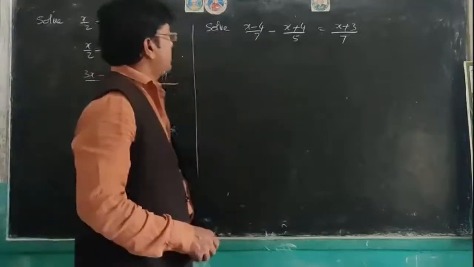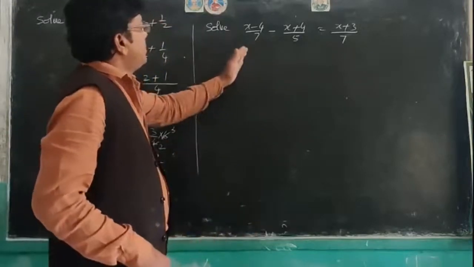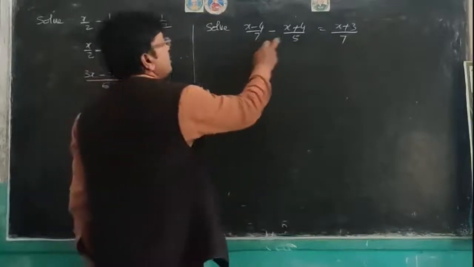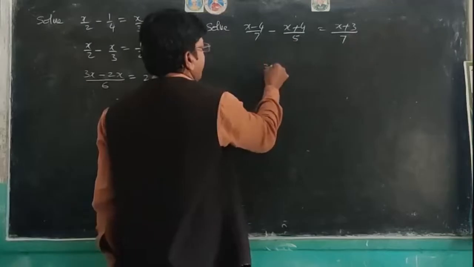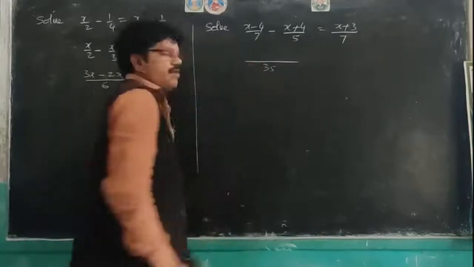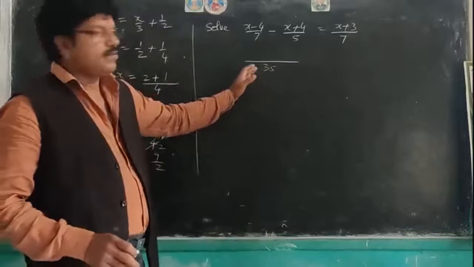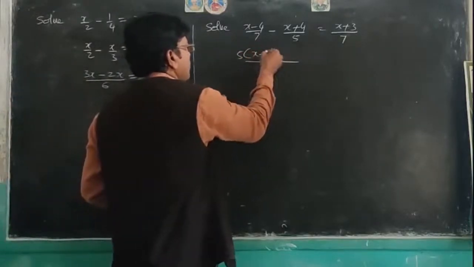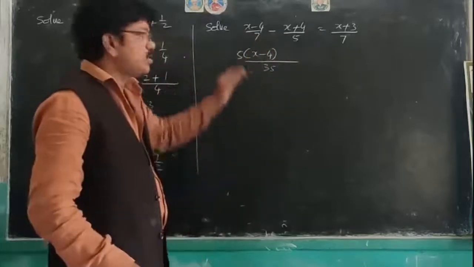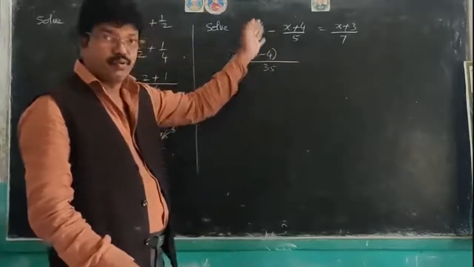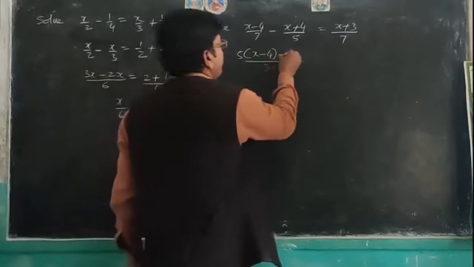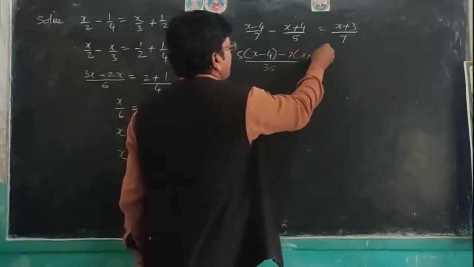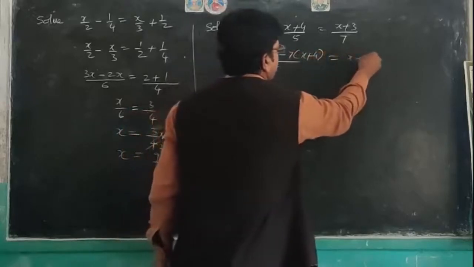So children, first take the LCM. 7 5s are 35. 7 and 35, 5 times: 5 into x minus 4. Put brackets because here there are two terms, x minus 4. That's why we put the bracket. And minus 5 7s: 7 into x plus 4 equals x plus 3 by 7.